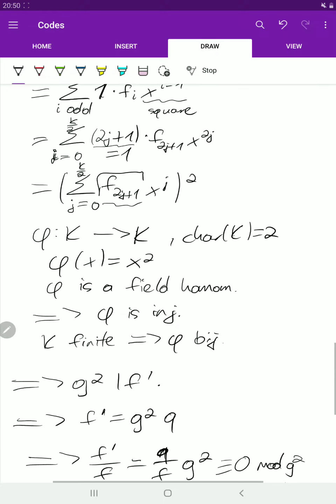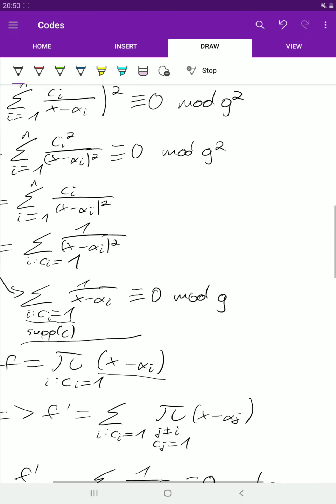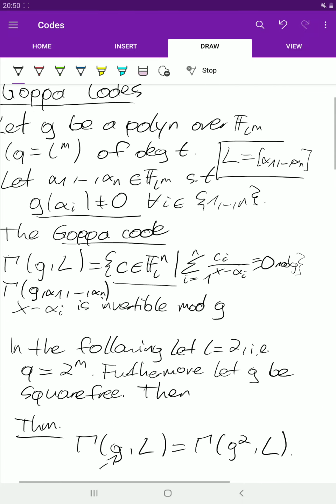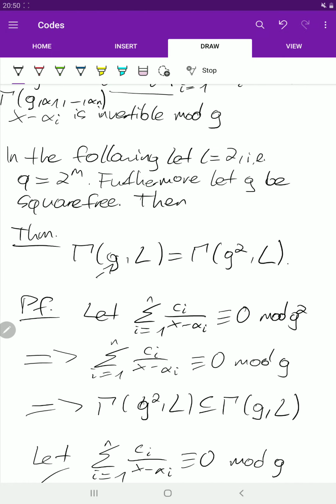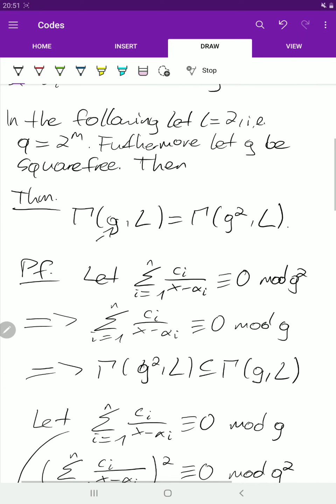Okay, so let's give a short recall. So we proved that the Goppa code with Goppa polynomial g is equal to the Goppa code with Goppa polynomial g squared if the Goppa code is over F2, so if it's a binary code, and if g is square free. And this theorem has some applications.